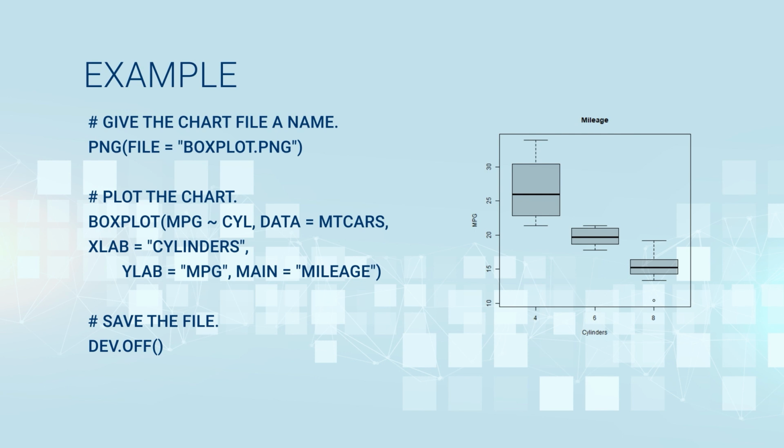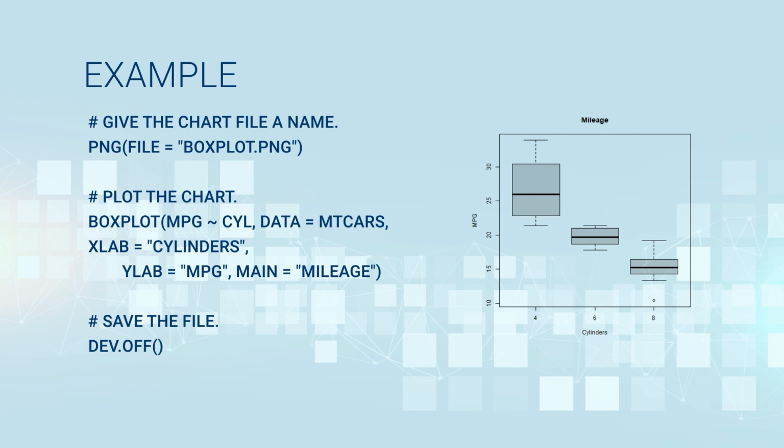The data input that we want is the mtcars data set, which is already present there. So you can directly write mtcars, and it will understand. Then you can give the x label and y label, the x axis label and y axis label. Cylinders is the number of cylinders and mpg is the miles per gallon, and then you can give the chart a name like mileage. This particular chart shows you the mileage of a particular car.